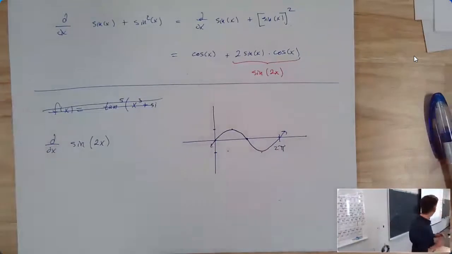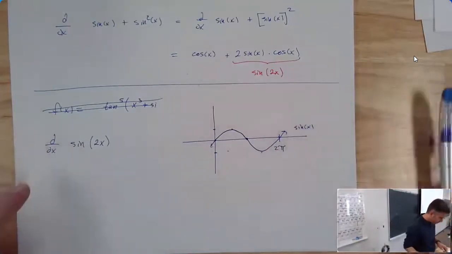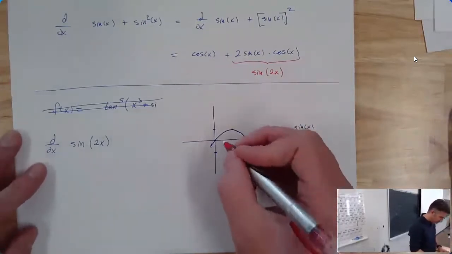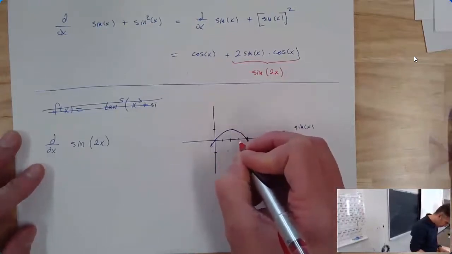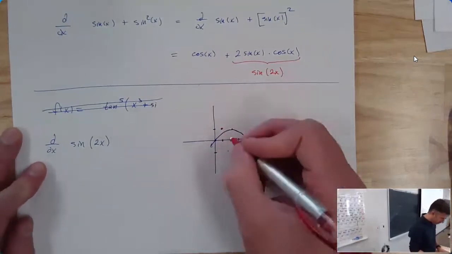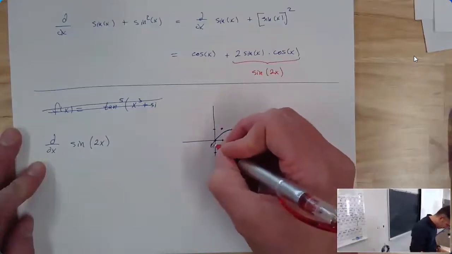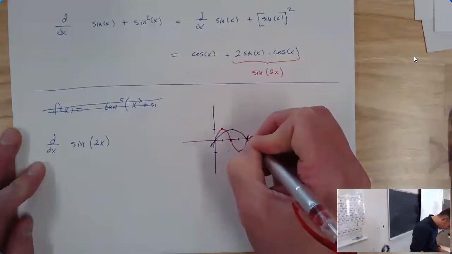And here's my sine of 2x function. Oh, sorry, there's sine of x. Sine of 2x has a period of pi, so it's going to have half the period, but the same behavior. It's going to start here and go up to 1 after a quarter of a period, then back to the middle, then down to -1, and then back to the middle. So here's my sine of 2x function, and it continues on.